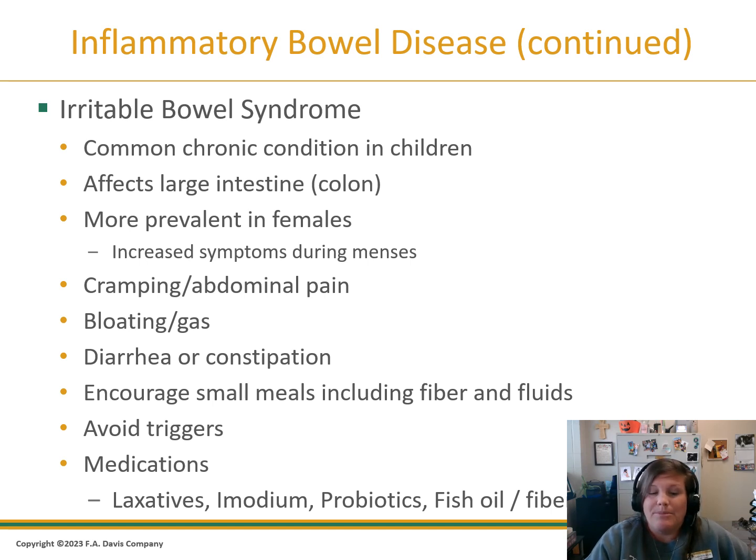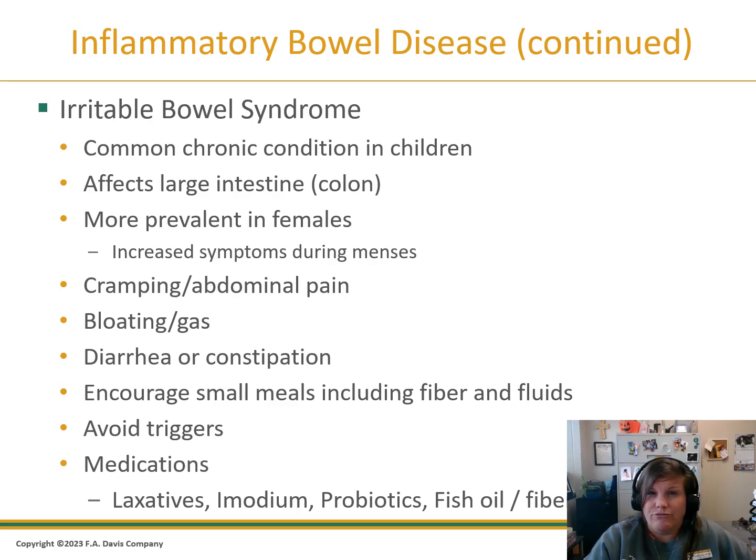And so one way might be like a food diary or food log where, in this case, if it's an older child, it could be the patient themselves, but it may have to be the parent keeping track of what they're eating and when the symptoms are the most prevalent or the most painful, because it's probably associated with something that they're experiencing in their nutrition.